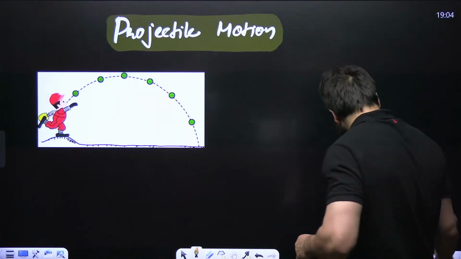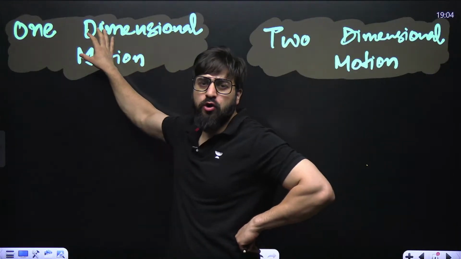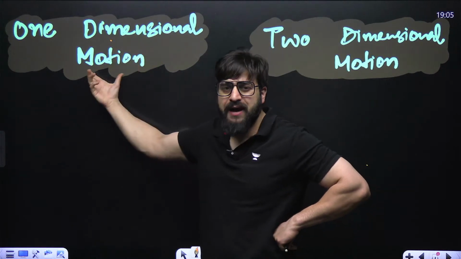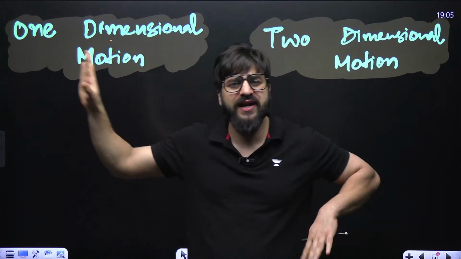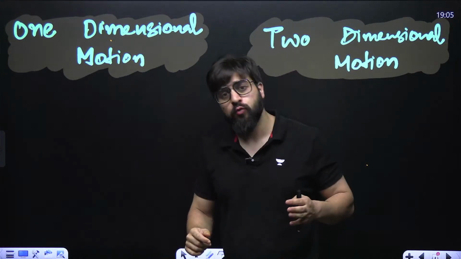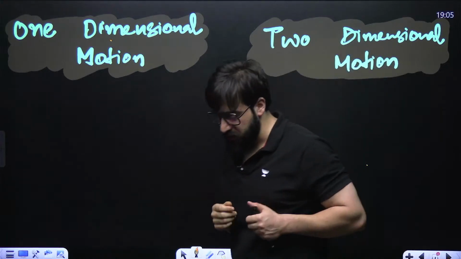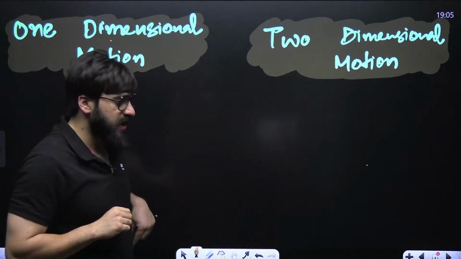Let me start this particular chapter. And before this, let's have a look at one-dimensional motion. I have already explained this before, but I just want to explain it once more. And then we have the two-dimensional motion. Guys, understand very carefully.